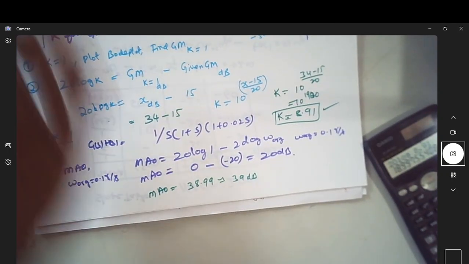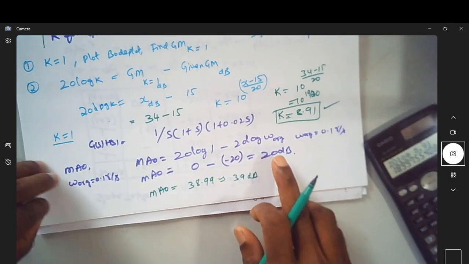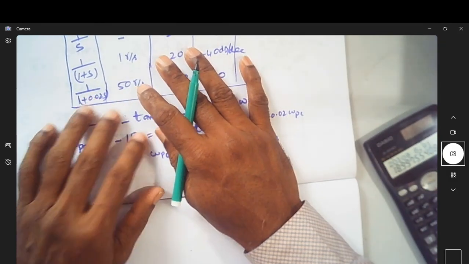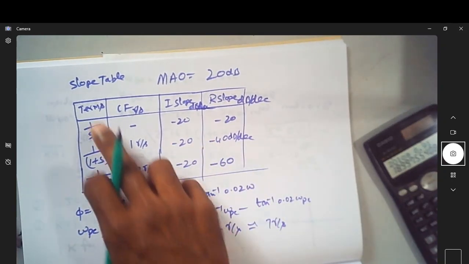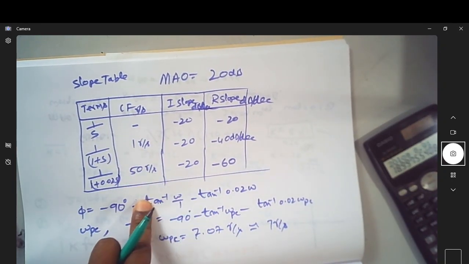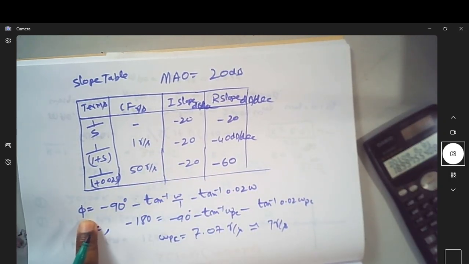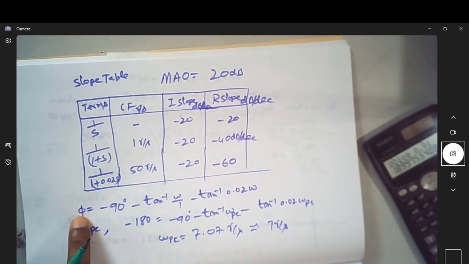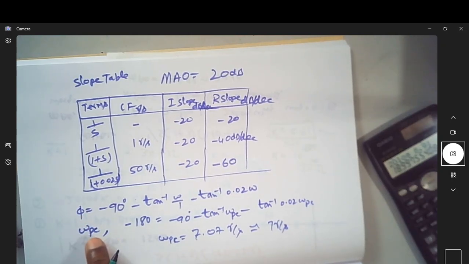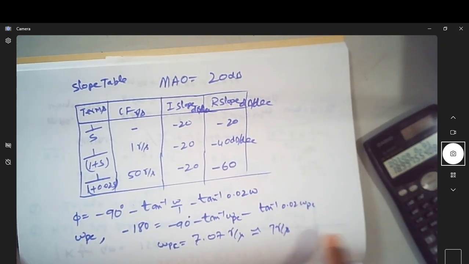So we took K is equal to 1 and found the magnitude at origin, which comes out to be 20 dB, and we wrote the slope table by considering all the terms. Be careful, the terms should be in the increasing order of their cutoff frequencies. Then we found the phase equation. After writing the phase equation, we found omega PC, which corresponds to a phase of minus 180 degrees, and happens to be 7 radian per second.